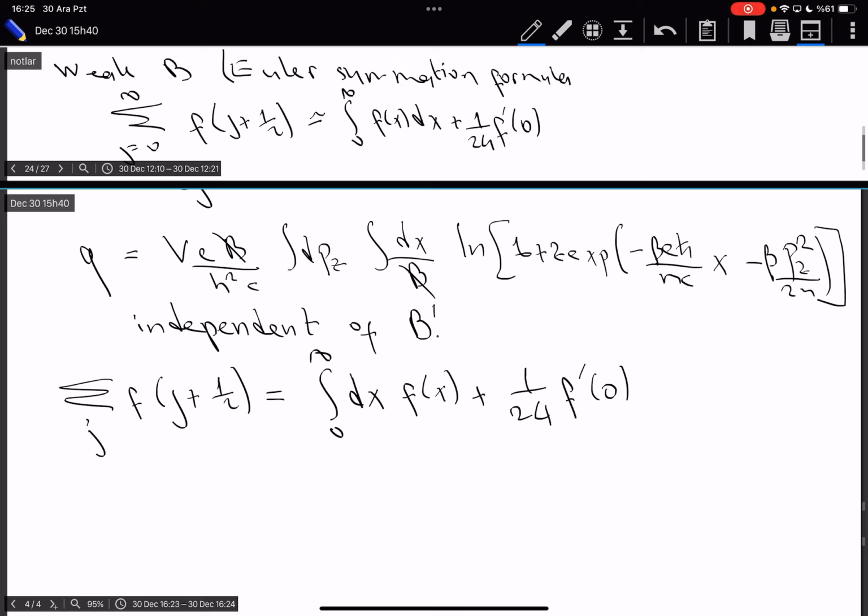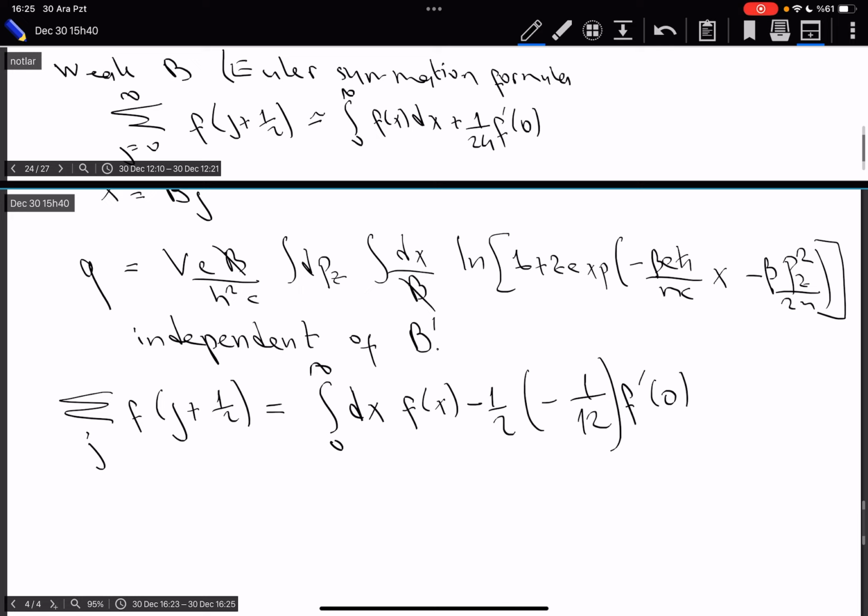Well, some of you were mentioning that we always end up having minus 1 over 12 everywhere. If you like, it's also here. Anyway, so this is the approximation.